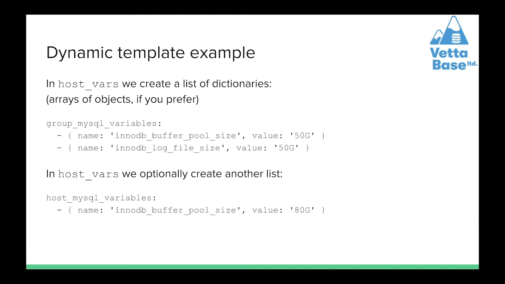So the list is called group MySQL variables, and each dictionary contains 2 attributes: name, which is the name of the variable, and then value, which is the value we want to assign to that variable. And in host vars, the first list should be created in group vars. In host vars, we can create a separate list with specific variables that we want to set for that particular host.